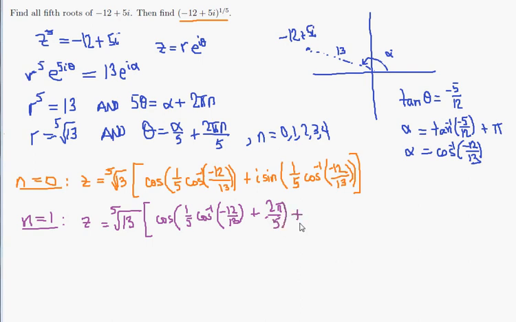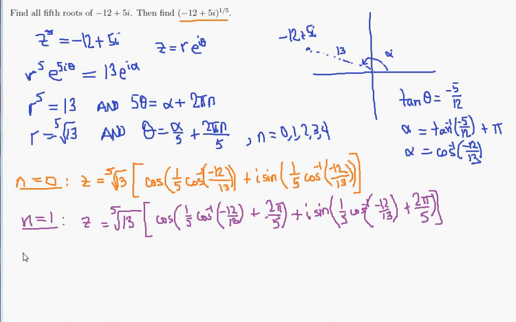Then next would be the same thing, i times the sine of the exact same angle, 1/5 arc cosine of negative 12/13 plus the same angle, 2 pi over 5. So that's the n equals 1 case.